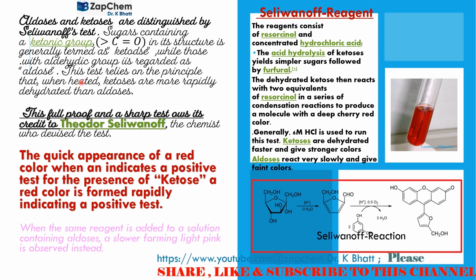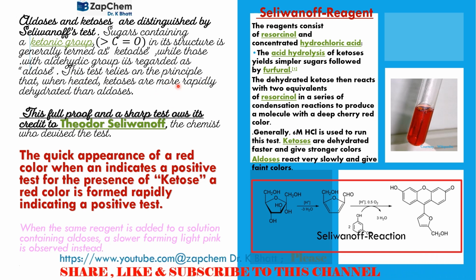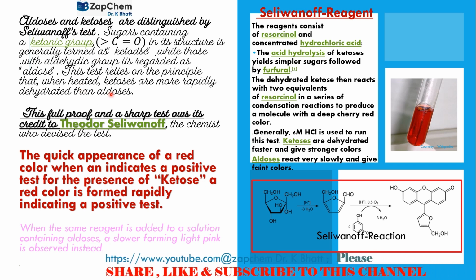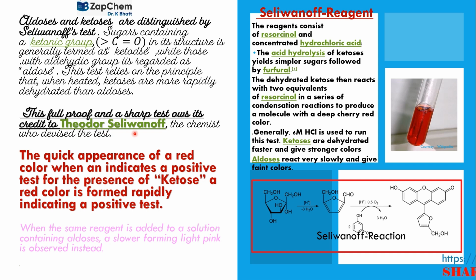This test relies on the principle that when heated, ketoses are more rapidly dehydrated than aldoses. Certain points are provided here, and this is a foolproof test and a quick or sharp test.